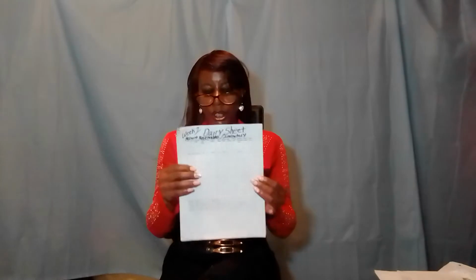Now, the first column is an item. That's milk. That's what you're going to put in that column, milk, on this first sheet. And then the next column says UPC number. UPC number is the number that when you go to the register, they take your item and they go across the scan and it says beep.